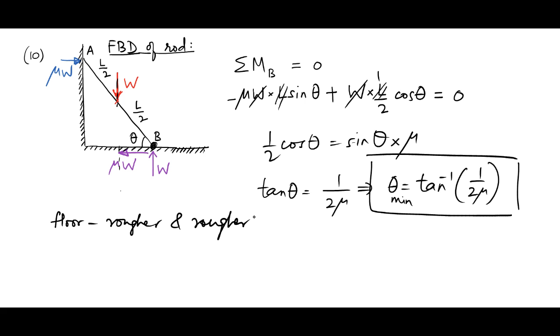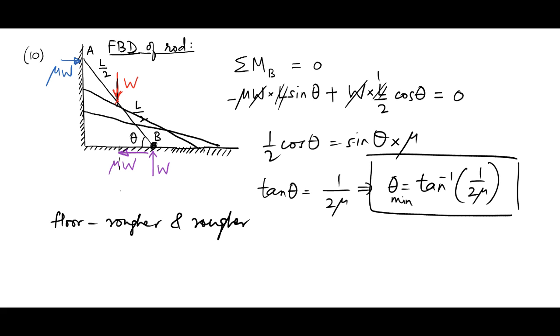Now our intuition tells us that when the floor becomes rough, the ladder can be put at an inclination which is even smaller than in the previous experiment, because slipping becomes more and more difficult when the floor becomes rough. So in the next experiment, when the floor becomes even rougher, maybe the rod can go that way.